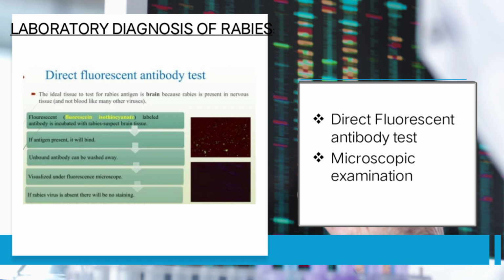Next, how to diagnose whether a man is having rabies or not. The two main techniques in the diagnosis of rabies are the direct fluorescent antibody test and microscopic examination. First, the direct fluorescent antibody test.